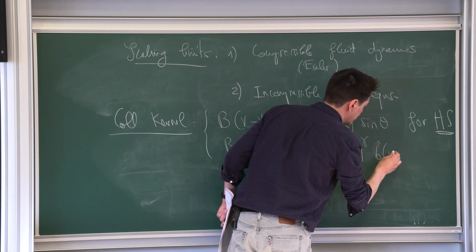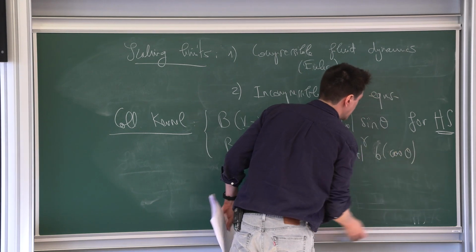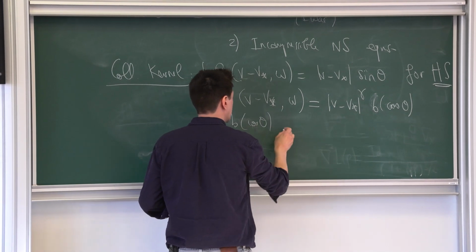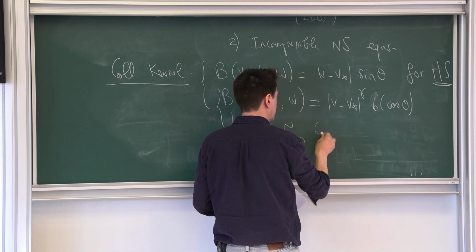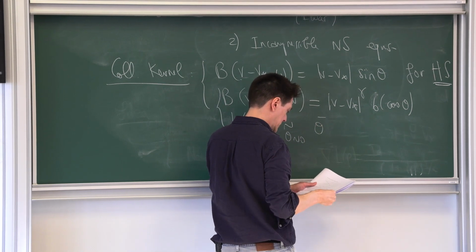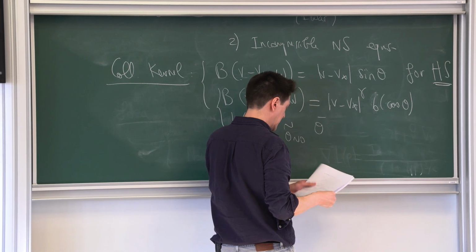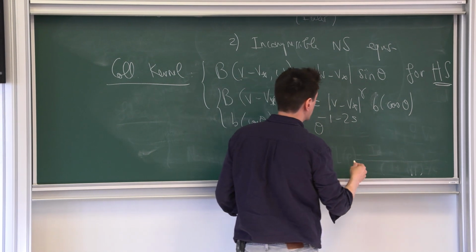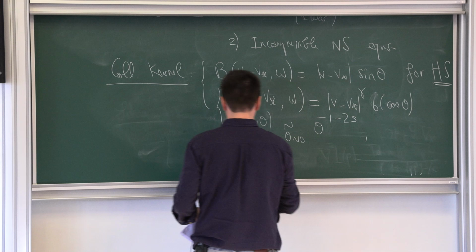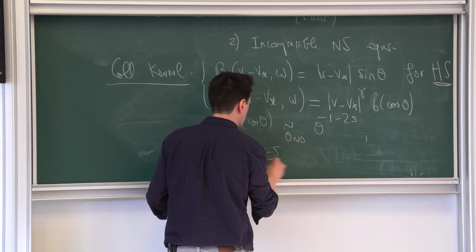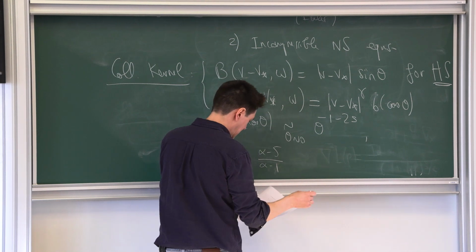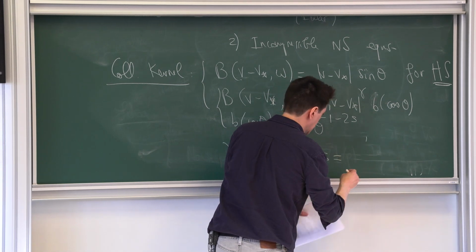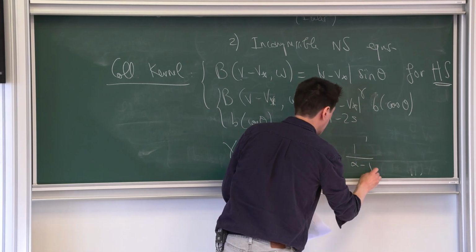So here I have a little b function, cos theta, where this little b function cos theta is equivalent for small angle to theta to the minus 1 minus 2s, with gamma equal to alpha minus 5 over alpha minus 1, and s equal to 1 over alpha minus 1.